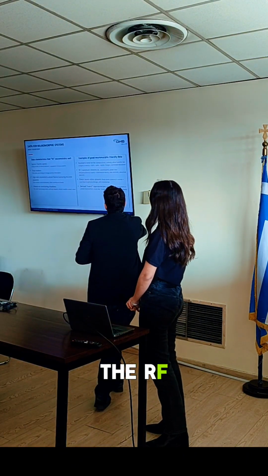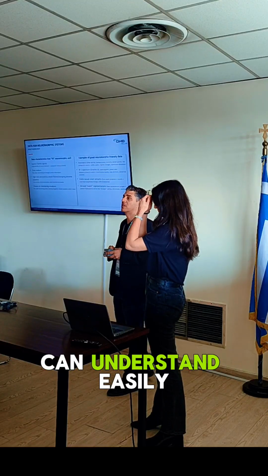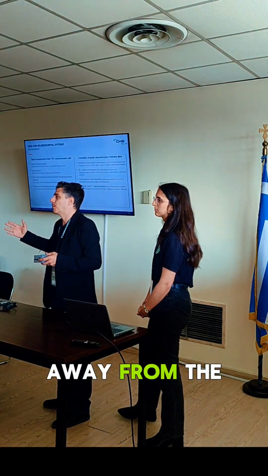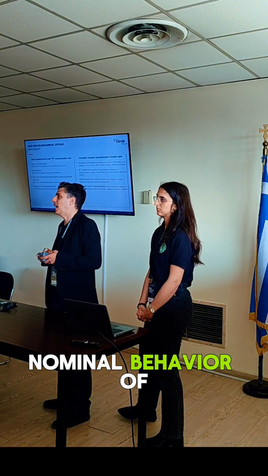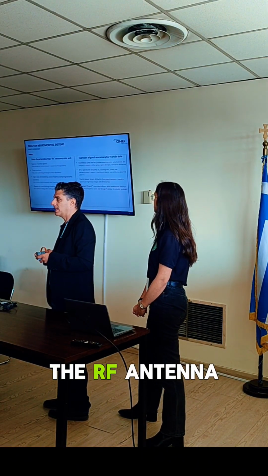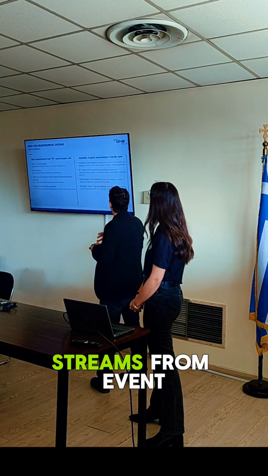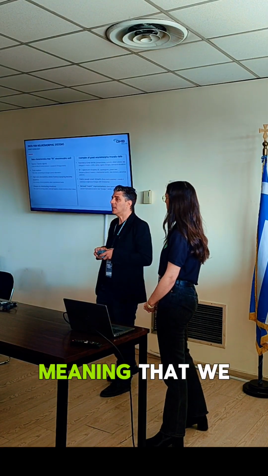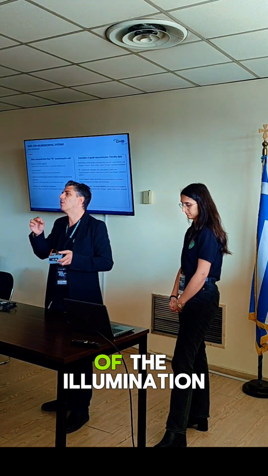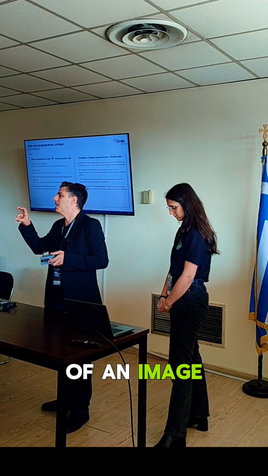Of course, it's the RF and the spectrum series, where we can easily understand an interferer because it goes away from the nominal behavior of the RF antenna. And of course, event-based visual streams from event cameras, meaning that we can understand by the change of the illumination of each pixel of an image.